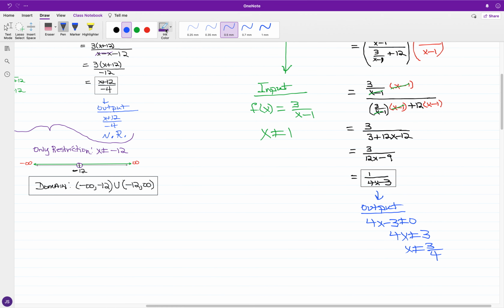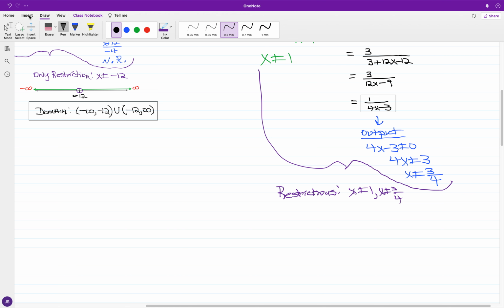Just combining the restrictions, for g composed with f of x, again x cannot be equal to 1. I also have x cannot be equal to 3/4.